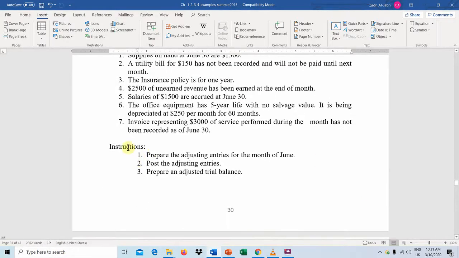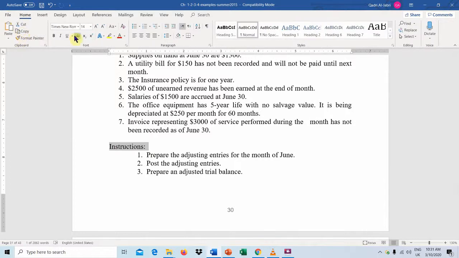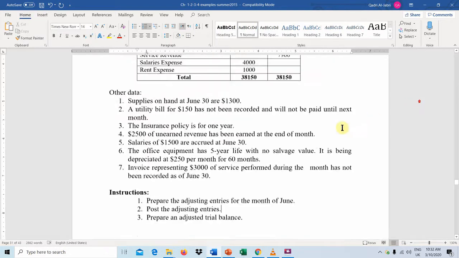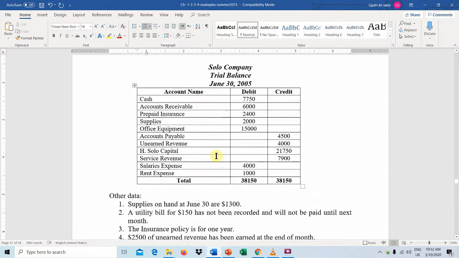If we go back to instructions, you will see that it's asking me for three things. The first one, prepare the adjusting entries for the month of June, and we finished this one. The second one, post the adjusting entries. We have done this before. We prepared journal entries and we posted and we prepared the above trial balance.